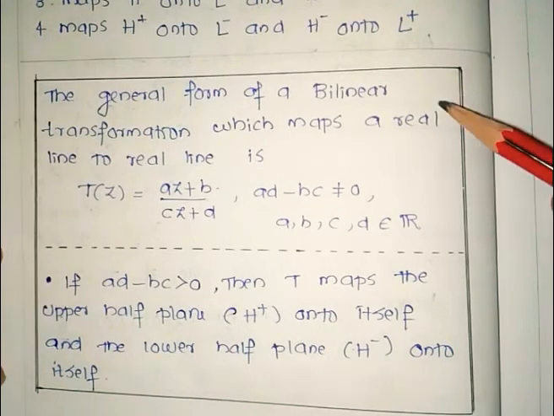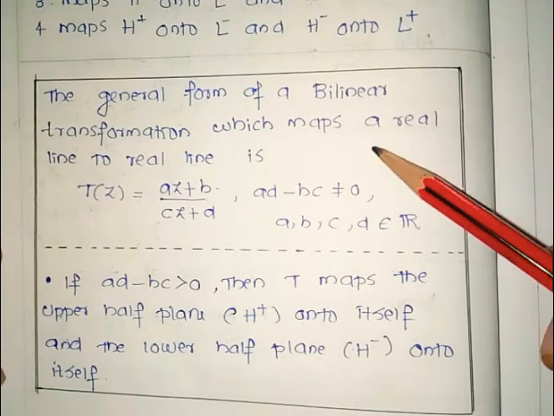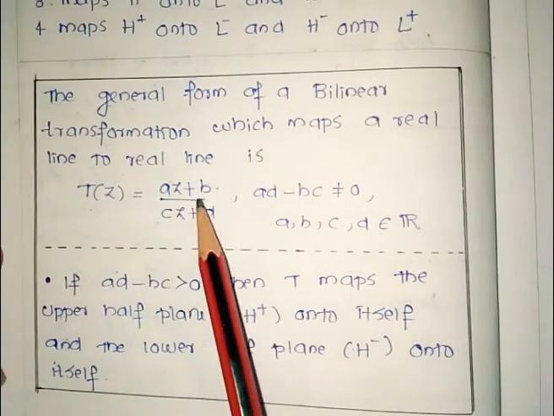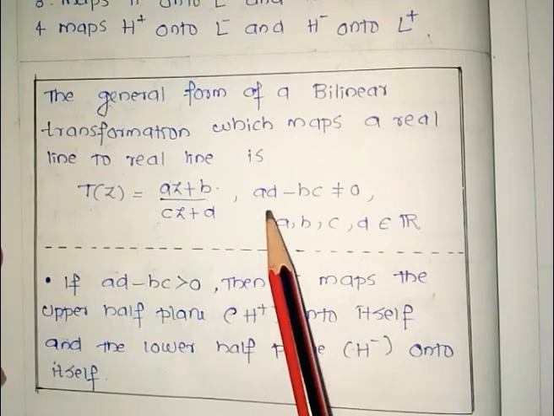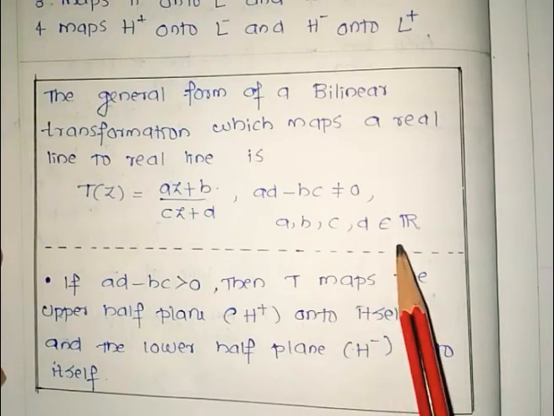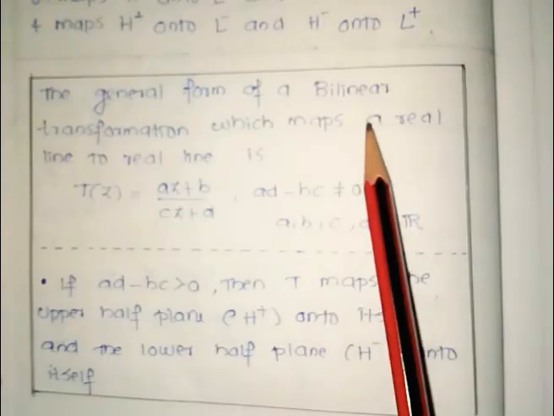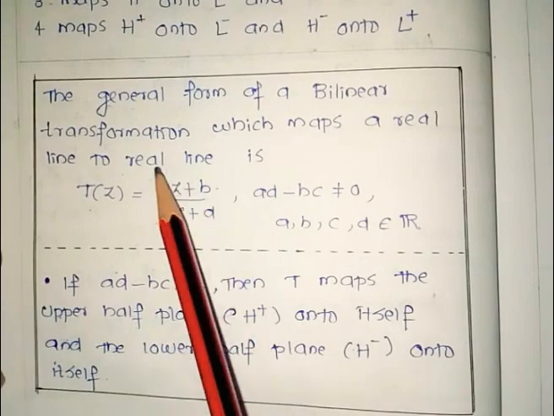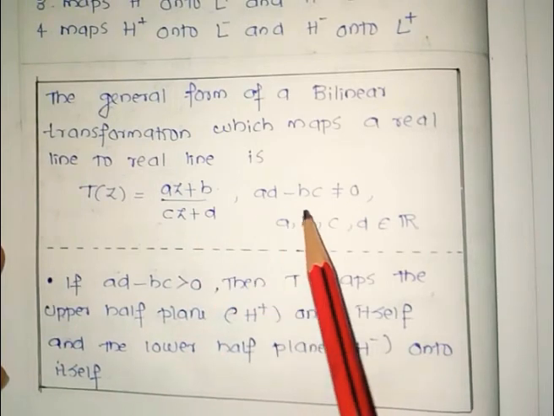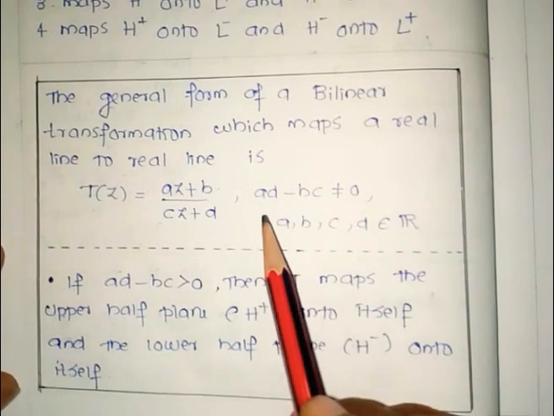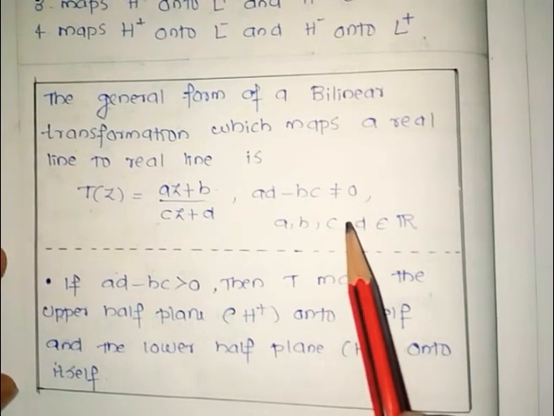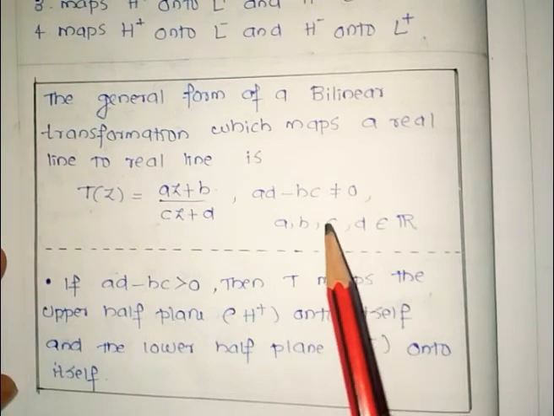The note: the general form of a bilinear transformation which maps the real line to the real line is T(z) = (az + b)/(cz + d), where ad − bc is not equal to 0, and a, b, c, d belong to R. That is, ad − bc not equal to 0 means that ad − bc is greater than 0 or ad − bc is less than 0.